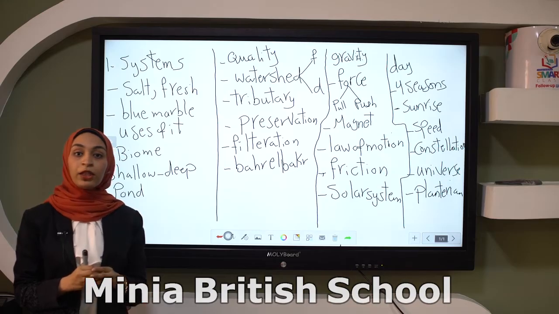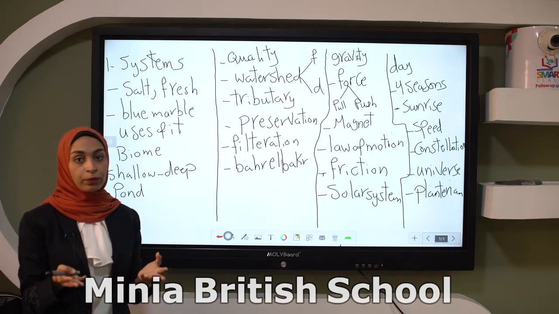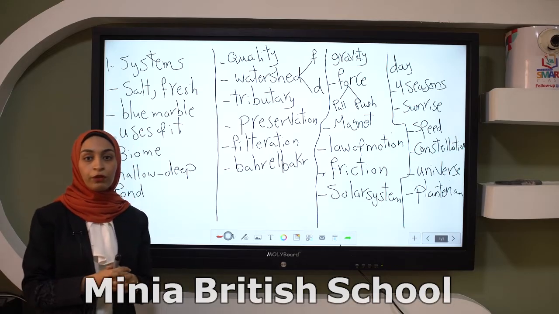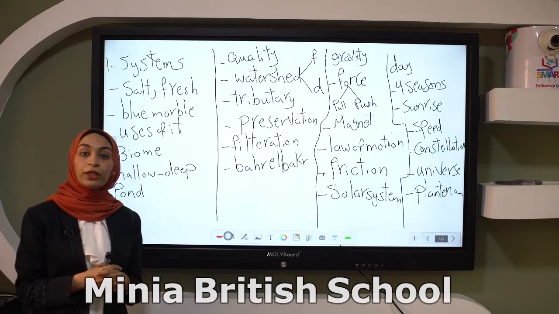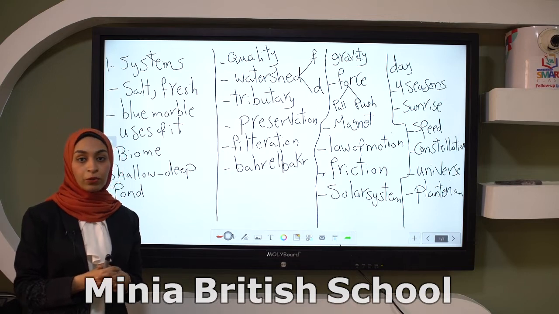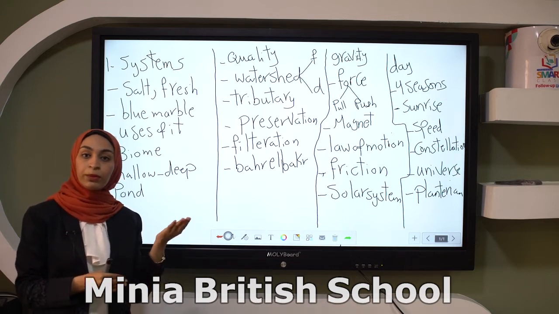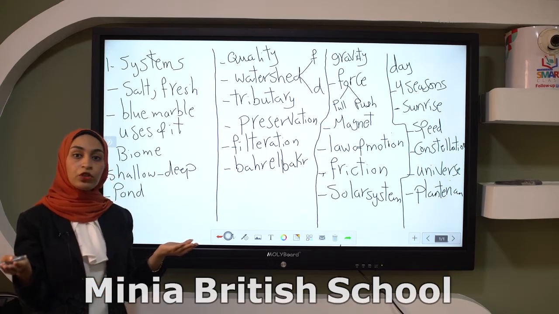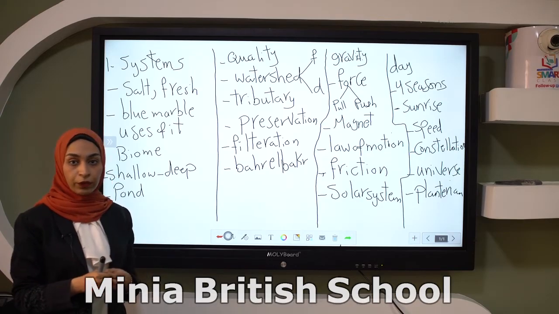And also we said that the Earth looks like a blue marble because the water covers 71% of its surface. And don't forget that we classify the water according to its type into fresh water with a percentage of 3.5% and salt water with a percentage of 96.5%.